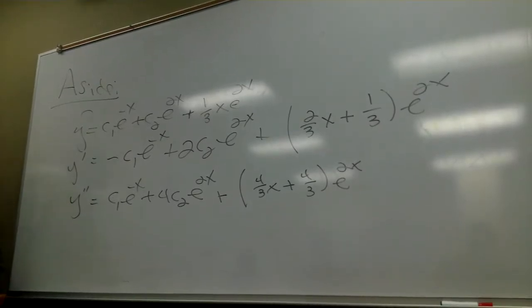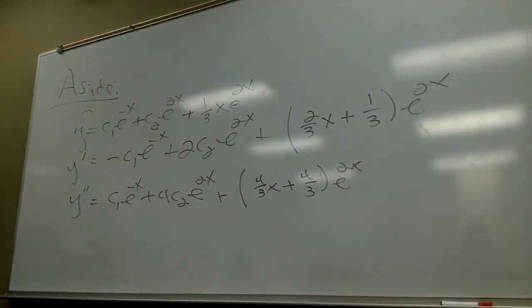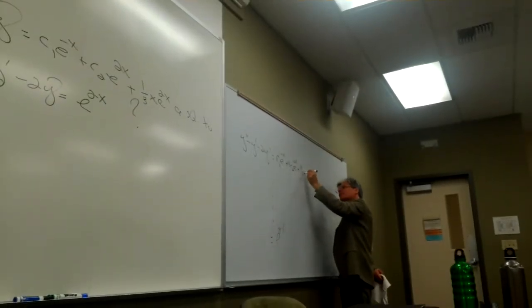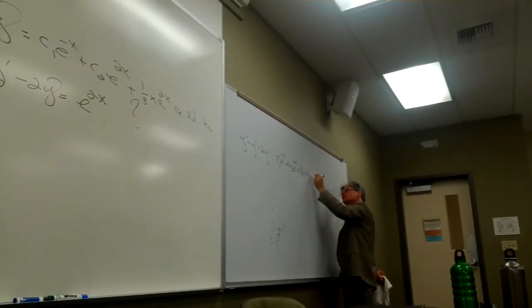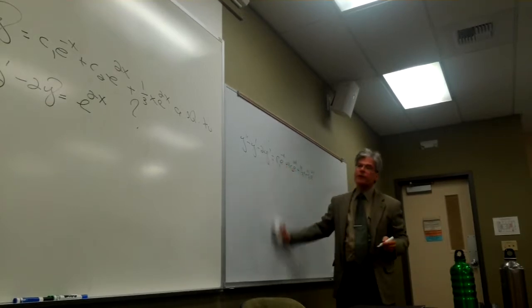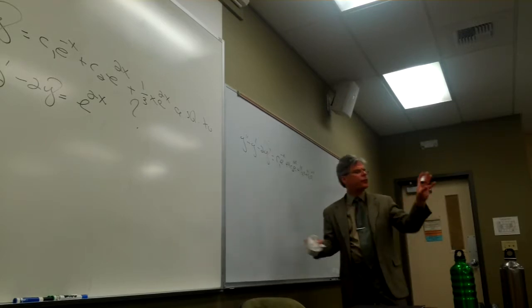But now to actually answer my question, I better take my y double prime. You guys help me with this. Is that c1 e^(-x) plus 4c2 e^(2x) plus 4/3 x plus 4/3, minus my y prime?